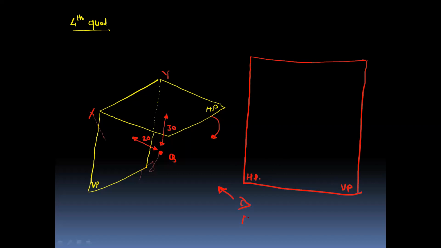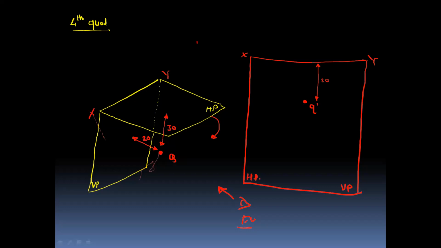From the front view, we can observe the dimension 30 mm, which is below the HP. So at distance 30 mm with respect to this horizontal line, that is the XY line, take the distance 30 mm. And at 30 mm distance, draw the point that will represent the front view. So this is the Q dash. Use the small letters.